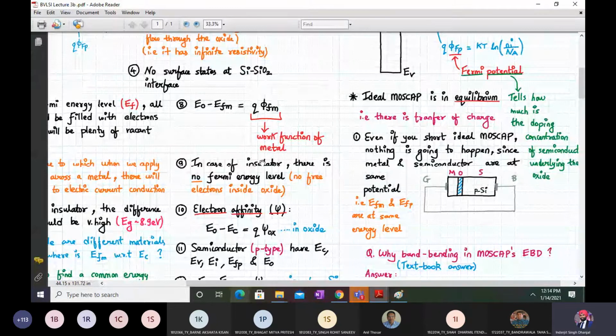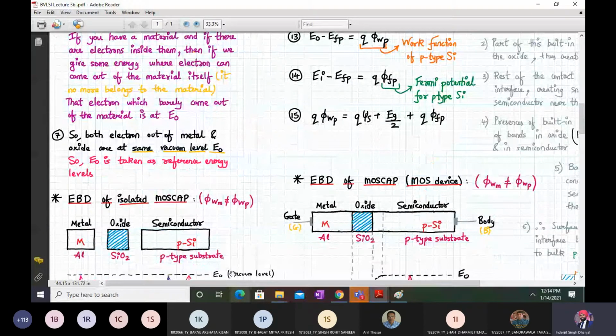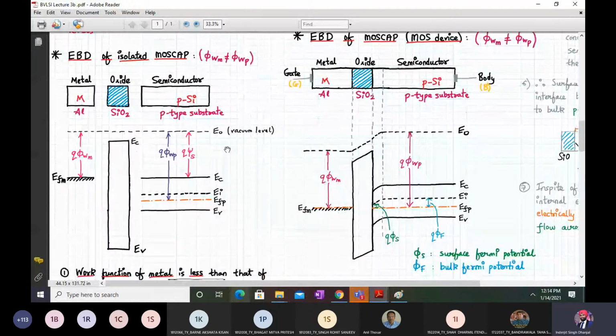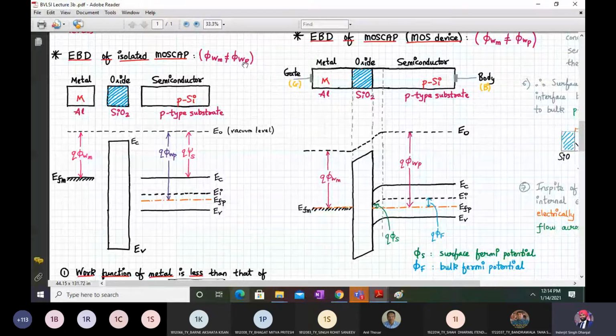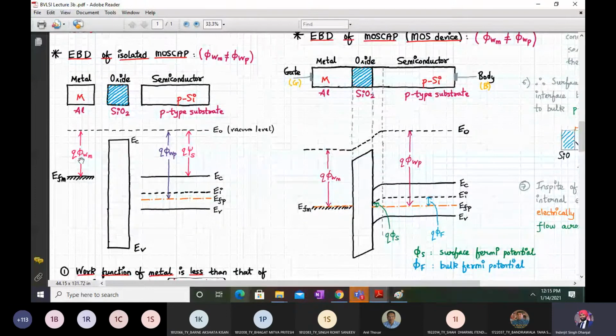Okay, there is only 1 minute left. So in the next lecture, we will consider not an ideal MOSFET, we will consider a more practical MOSFET, where phi WM and phi WP are not the same. So we'll see this isolated MOSFET, where phi WP and phi WN are not the same, as you can see over here very clearly.